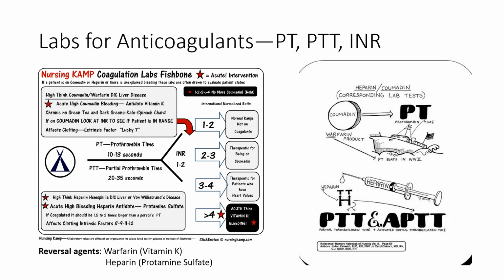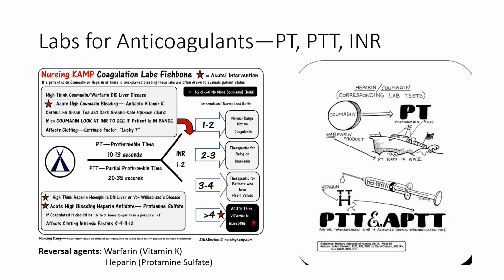For example, if we're looking at the INR, which is a ratio that is looking at prothrombin time, you or I who are not on any anticoagulants, we would want our blood to clot within 1 to 2 seconds. So the INR that's normal for you and I would be from 1 to 2, or sometimes even less than 1.